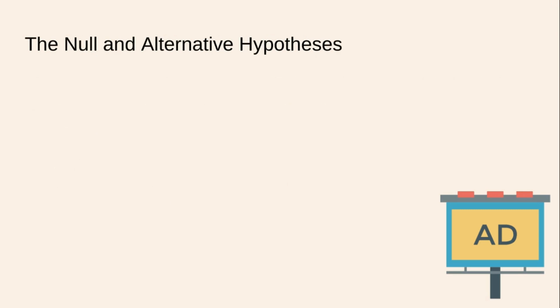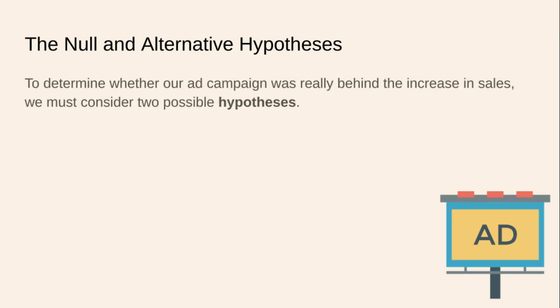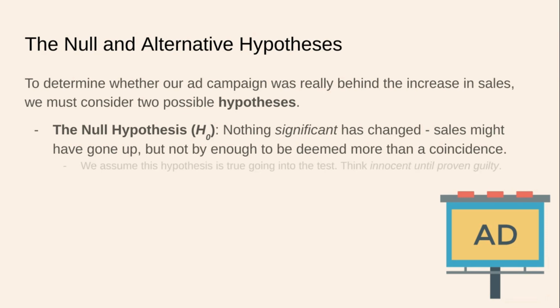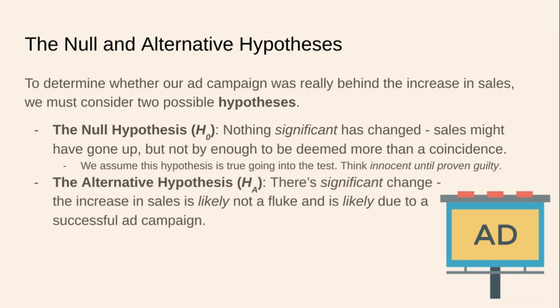So we need to talk about the null and alternative hypotheses. To determine whether our ad campaign was actually behind the increase in sales, we must consider two possible hypotheses. First is H sub 0, H subscript 0, which we call the null hypothesis. That means nothing significant has changed. Sales might have gone up, but not by enough to be deemed more than mere coincidence. The alternative is just that, the alternative hypothesis.